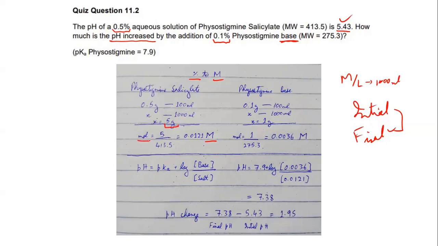To apply the formula of moles, not millimoles, moles this time, because we are in grams here. Number of moles is equal to mass by molecular weight. This is going to give us moles, and they are already in 1000 ml, so this is coming as molar. Same with physostigmine base. Is this clear? How we have turned percentage to molar?